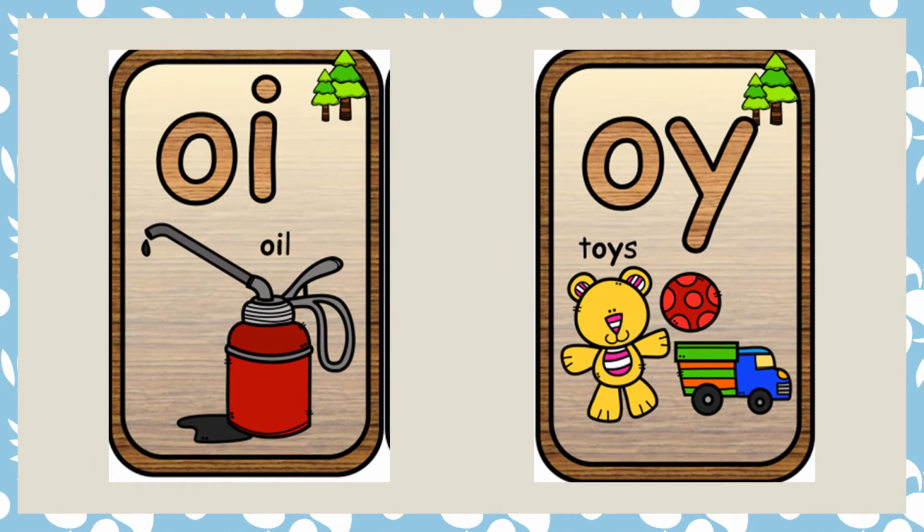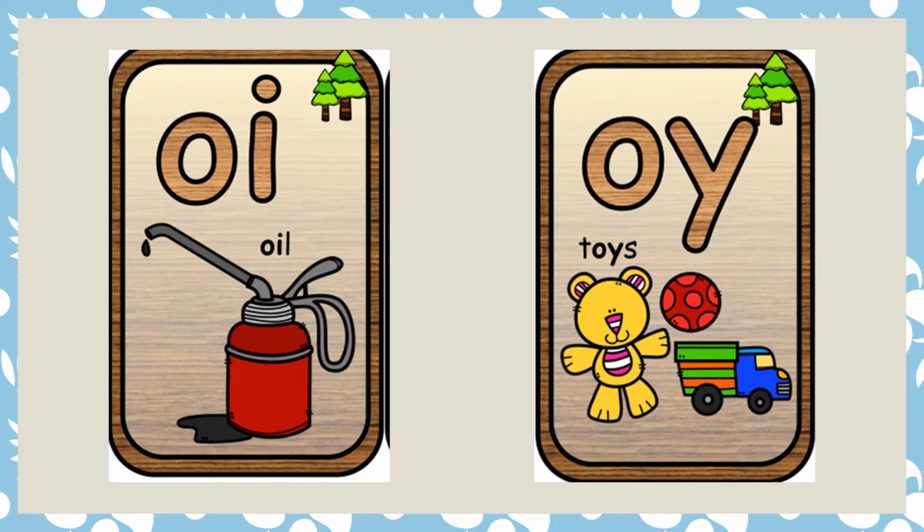Okay, the sounds that we will be working on for this video are the OI sounds. There are two ways to make the OI sound. You can use OI, like in oil, or we can also use OY, like in toys. OI is usually the one that's found in the middle of words.